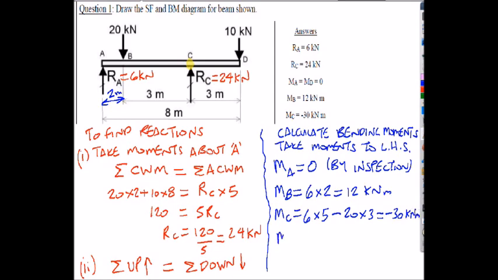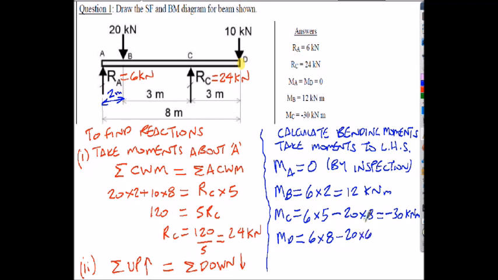And then if I look to the left of D, there should be 0, but just to check it out, I should be seeing 6 multiplied by 8 now, so RA is 8 meters from D. Let's label my D here. So it's 8 meters from D, the RA location. The 20 kilonewtons is negative, and that's going to be 6 meters from D, so that's multiplied by 6 now.